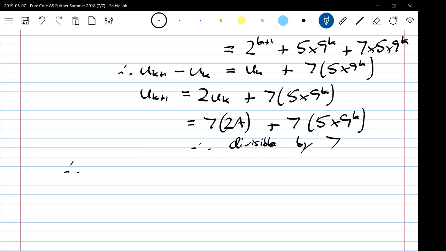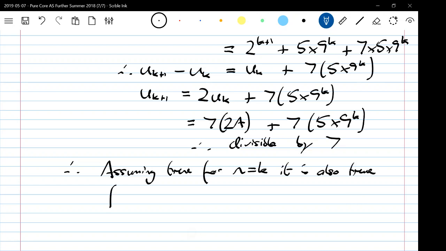Therefore, assuming true for n equals k, it is also true for n equals k plus 1.